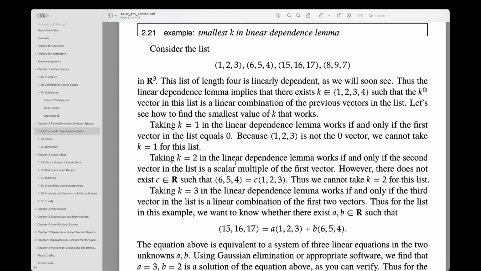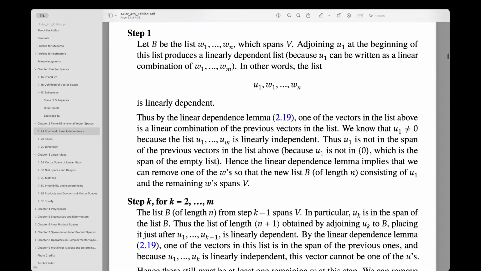So this proof is quite routine. We'll just give the overview of what's going on here. We take a linearly independent list and a spanning list, and we can stick all the linearly independent vectors on top of the spanning list. Then we use this lemma to kick out the linearly dependent vectors.